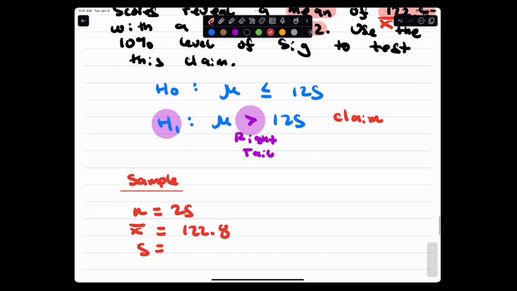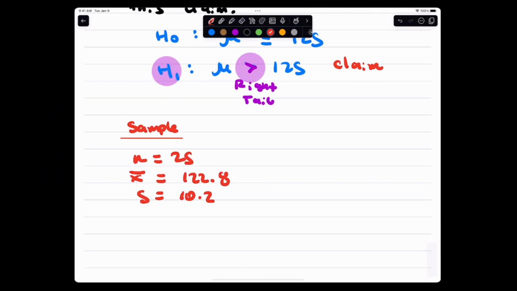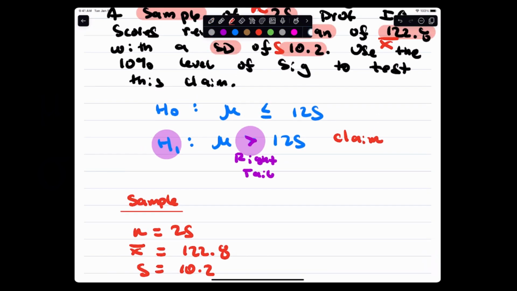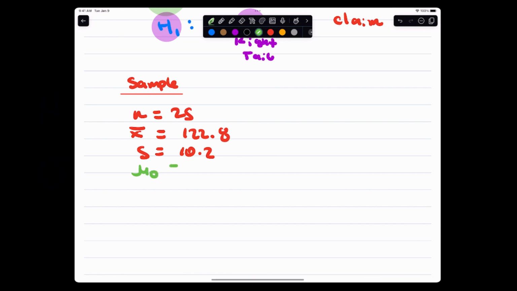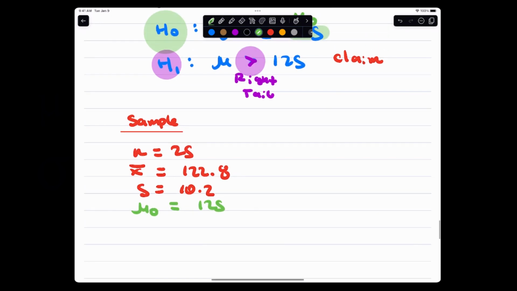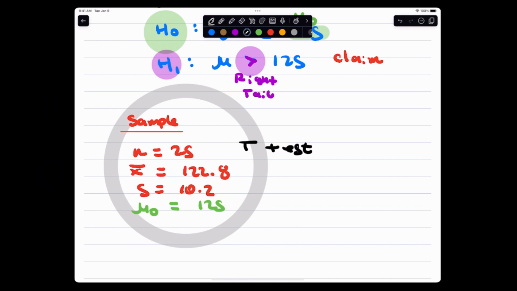Sample standard deviation of the IQ is 10.2. Now, don't forget, the mean in the null hypothesis, mu is less than or equal to 125. So that means mu naught is 125. Okay, you guys okay with that? Now, here's the deal. Why do we use the t-test? Because your sample size is small. T-test.